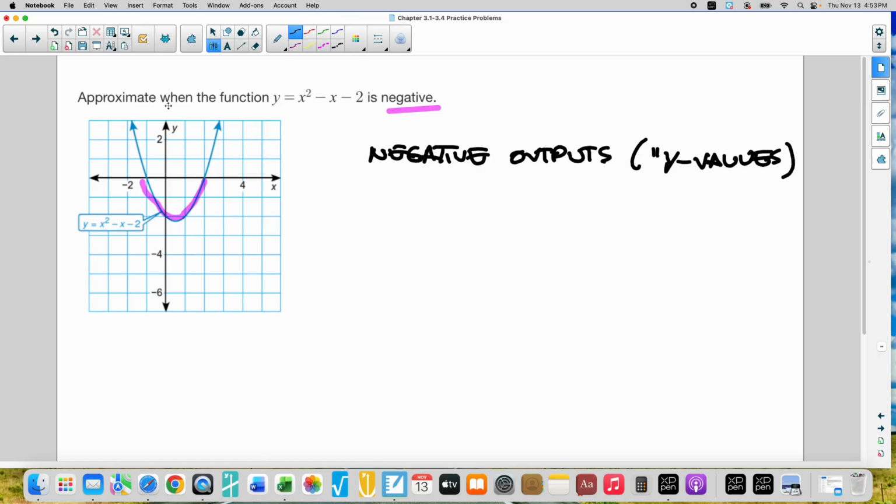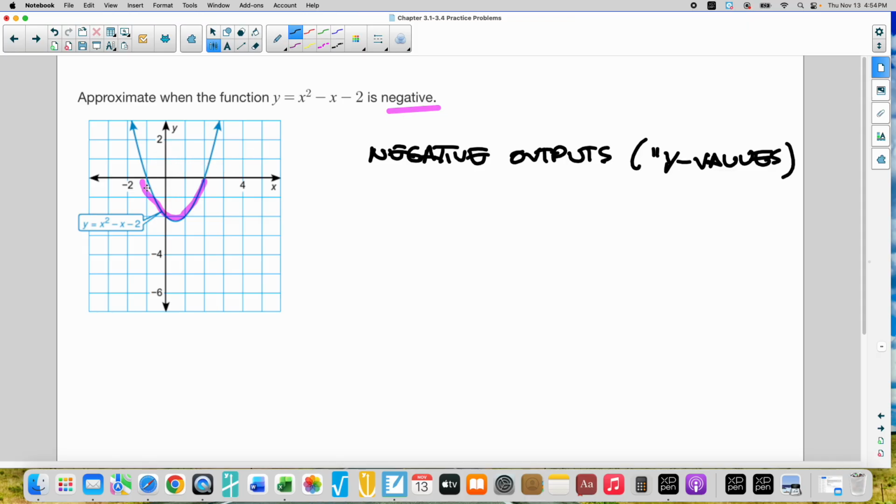When are my y values negative? They're negative here. If we took this point, that would have a negative y value, negative y value, negative y value. Once we hit the x-axis, my y value is 0, and then above my y value is 1, 2, etc. So that would be positive.